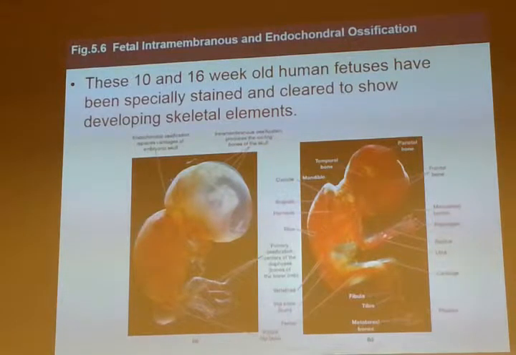formation. So here, early on, at 10 weeks, you see the cartilage models that are being set up in the fetus. The skull hasn't begun to ossify yet, so you see the developing brain in there. It's just a clear membrane. So all of this is going to develop via intramembranous ossification.